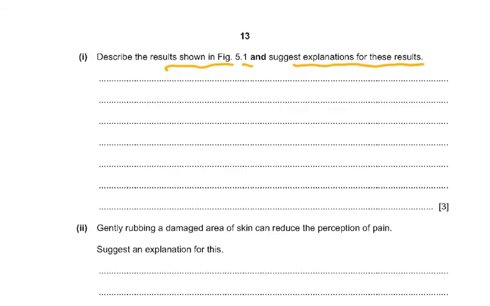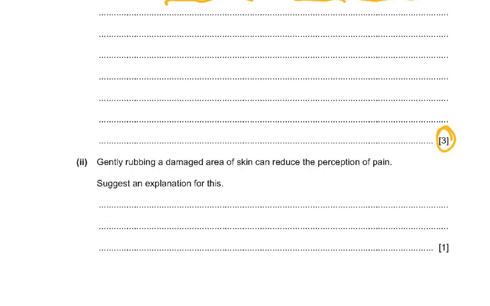So you have to understand that whenever it says describe the results and suggest explanation, that means you have to give me a description as well as an explanation, because there are 3 marks for this. So larger diameter, higher speed, fine. More surface area, so more ion movement. Then myelin can increase the speed, because it said suggest explanations as well. And saltatory conduction in the myelinated ones. And then of course you gave me the data from it.